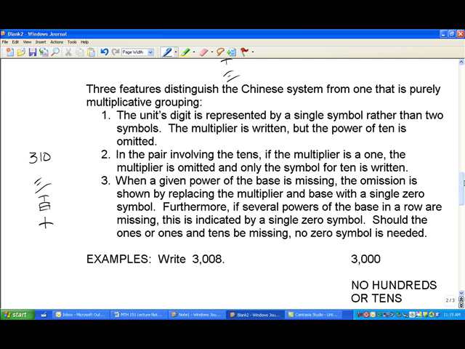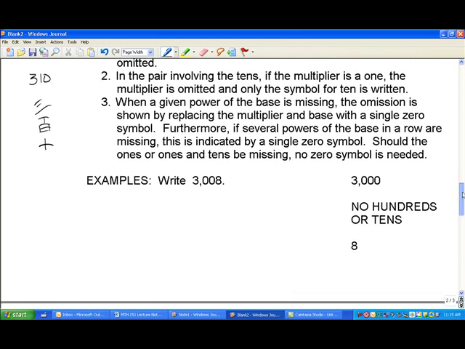Okay, so let's do one together. 3,008. So 3,000. Okay, 3,000. We have no hundreds or tens, so we need that nasty old 0 symbol.